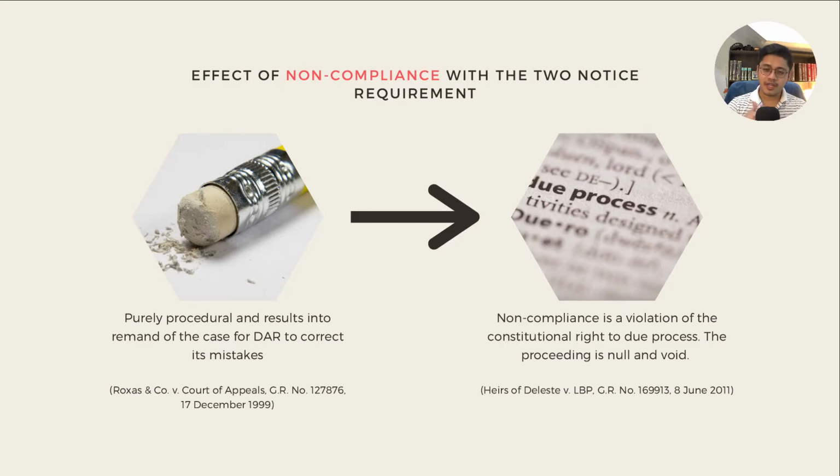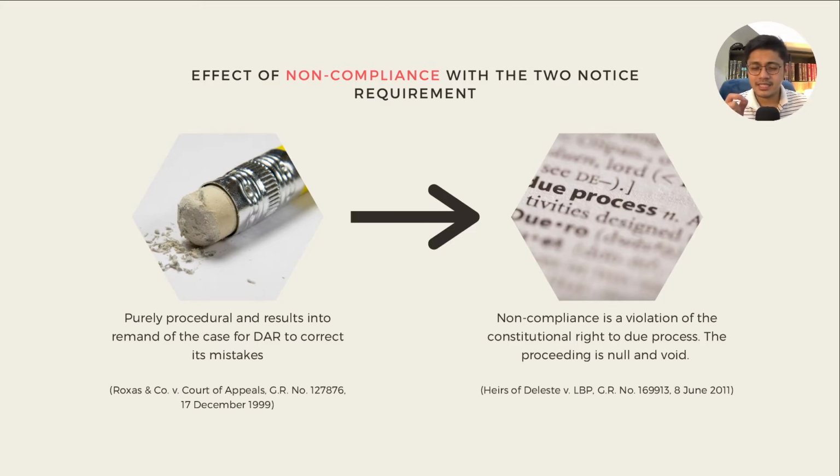Revisited by the Supreme Court, and in that case of Heirs of Leste versus Land Bank of the Philippines in 2011, the court said that this violation of the two notice requirement is not just procedural.